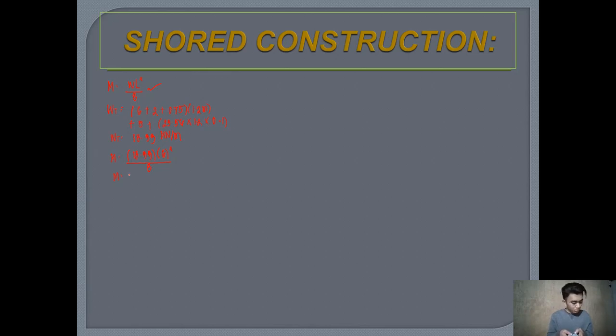That is now equal to 82.485 kilonewton meter. All right, so now that we already know that, what are we going to do?